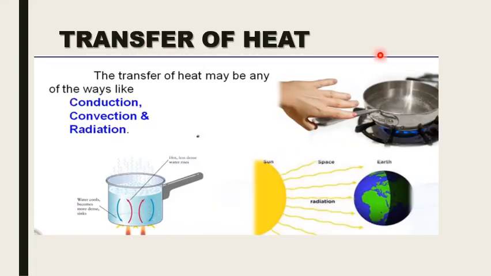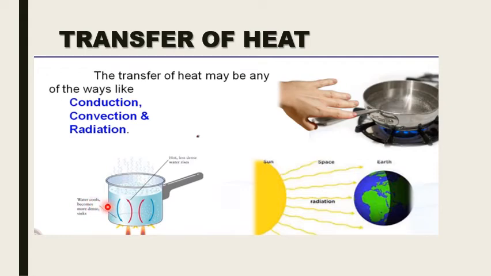Transfer of heat. The transfer of heat may be in any of these ways: first one, conduction, convection and radiation. You can see these images. For conduction, if you touch this fan, physical contact is the conduction. Next, second one is convection.